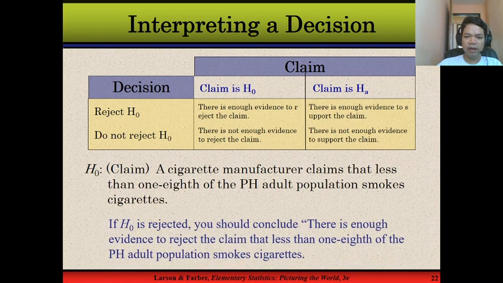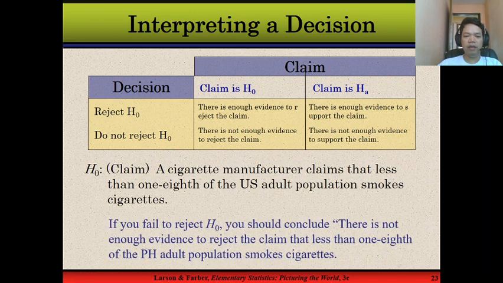So, kung kay null yan, kung rejected yung null, so you should conclude that there is enough evidence to reject the claim. Okay? Kasi H0 is rejected at nandun yung claim. So there is enough evidence to reject the claim. Okay, if you fail to reject, ibig sabihin, inaccept mo yung H0 at nasa kanya yung claim, so there is not enough evidence to reject the claim.